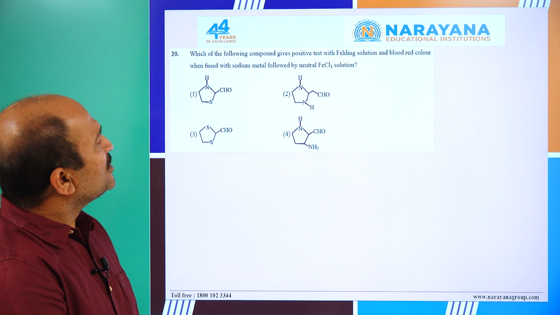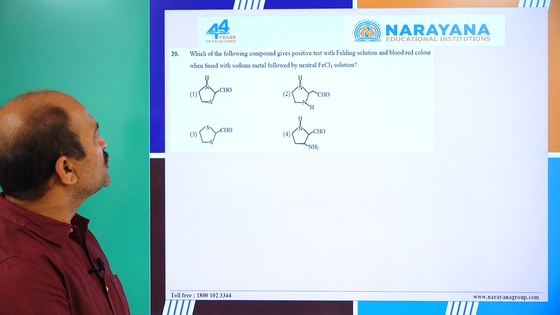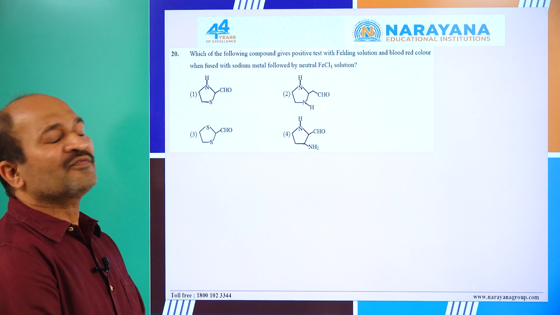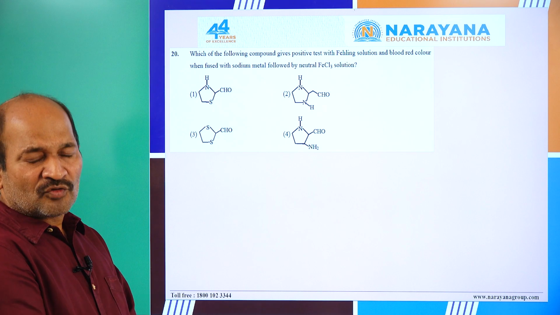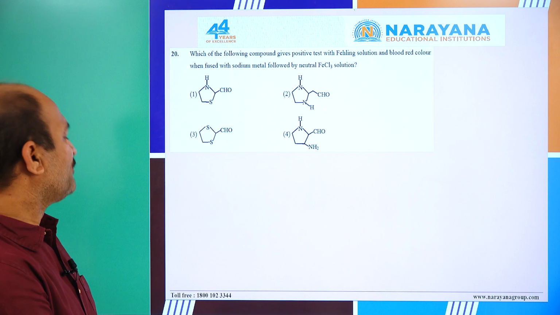Which of the following compounds gives a positive test with Fehling's solution and a blood red color when fused with sodium metal followed by neutral ferric chloride solution? It is a question based on the qualitative part of first year organic chemistry.